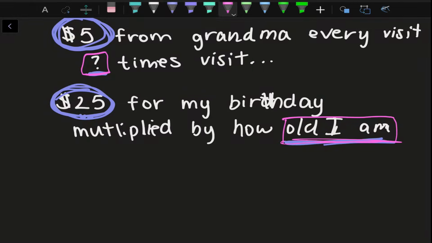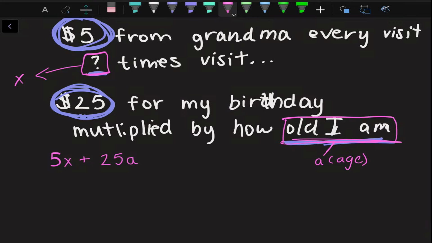For a question like this, I get $5 from grandma for every time she visits. Let's say that the number of visits is equal to X. And add, I'm also going to get $25 multiplied by how old I am, and we'll call that A for age.